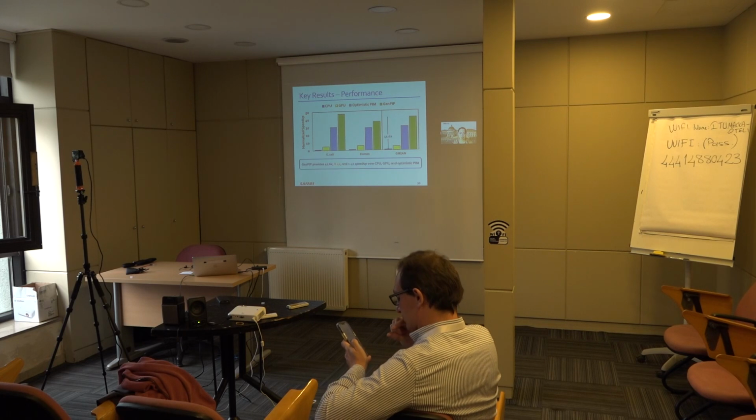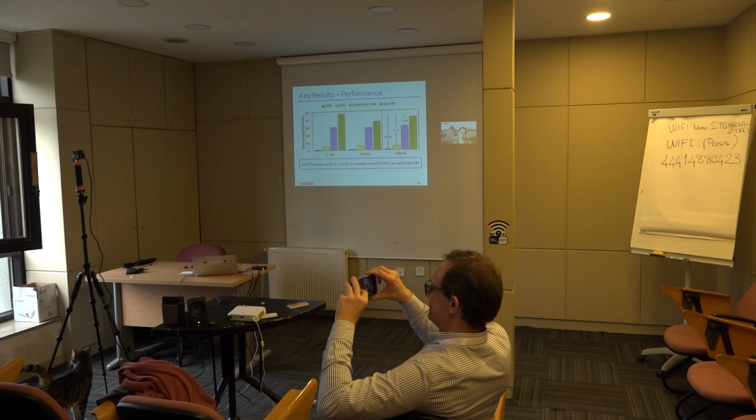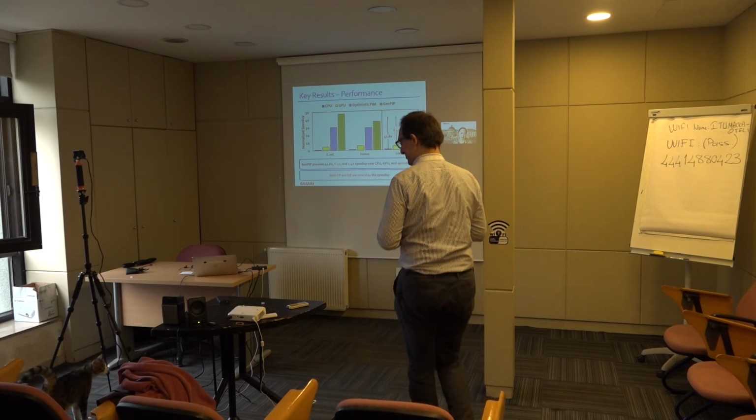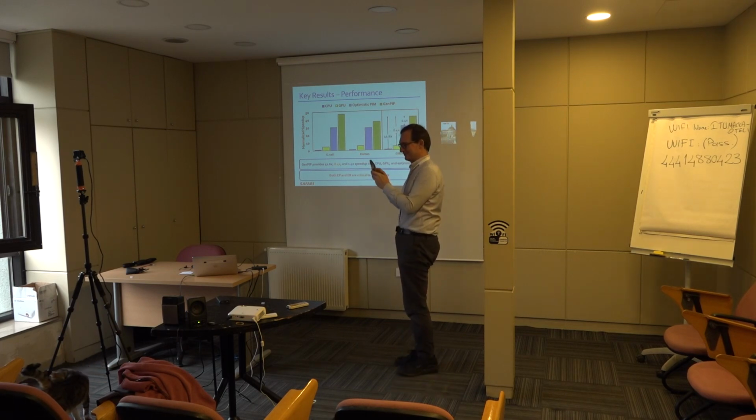Here are the results for the performance. So GMP can achieve 41 times speedup compared to CPU, 84 times speedup compared to GPU, and 1.4 times speedup compared to the optimistic PIM. We also show in more detail in the paper that both CP and ER are critical to the speedup.